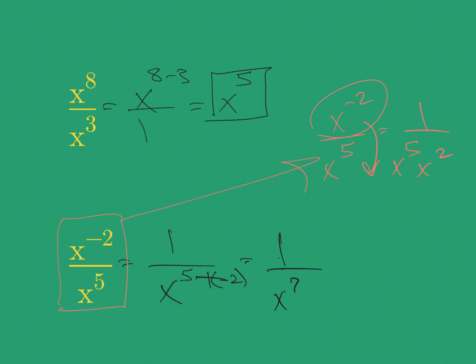So if you wanted to, we could eliminate the negative exponent in the beginning. Here's what we would be looking at. 1 over x to the fifth times x to the second. When we multiply with like bases, you're allowed to add the exponents. So 5 plus the 2 is 7. And notice, that's the same answer that we got when we originally did the problem.